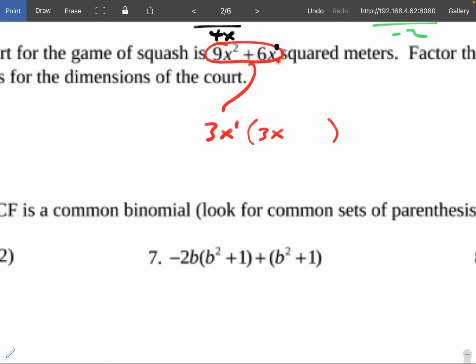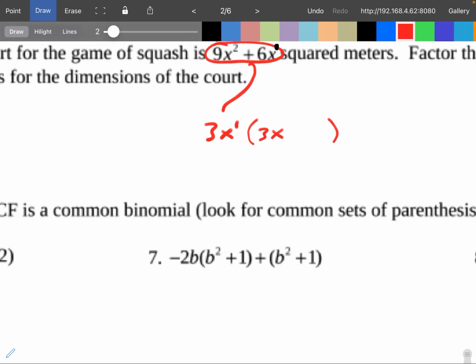We're kind of undistributing here. And then 3x times what would give you positive 6x? Ethan already said it's plus 2. So it's a positive 2. So you're right, plus 2. And again, you can check it if you want to. If you do 3x times this term, that should give you a positive 6x, which it does right there, right?